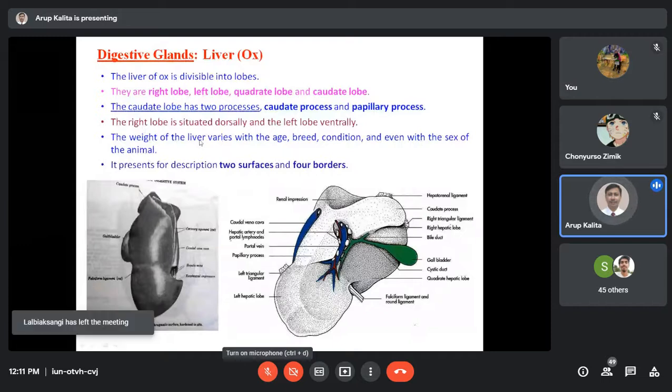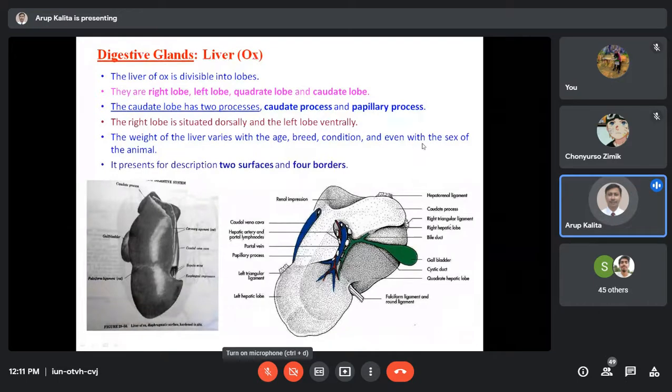The weight of the liver varies with the age, breed, condition, and even with the sex of the animal. In an adult cattle, generally the weight of the liver is 0.4 to 0.5% of the total body weight.